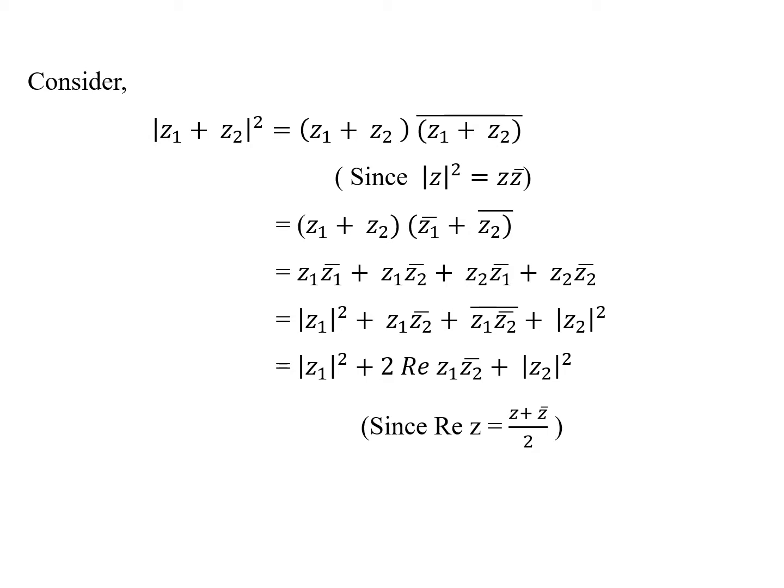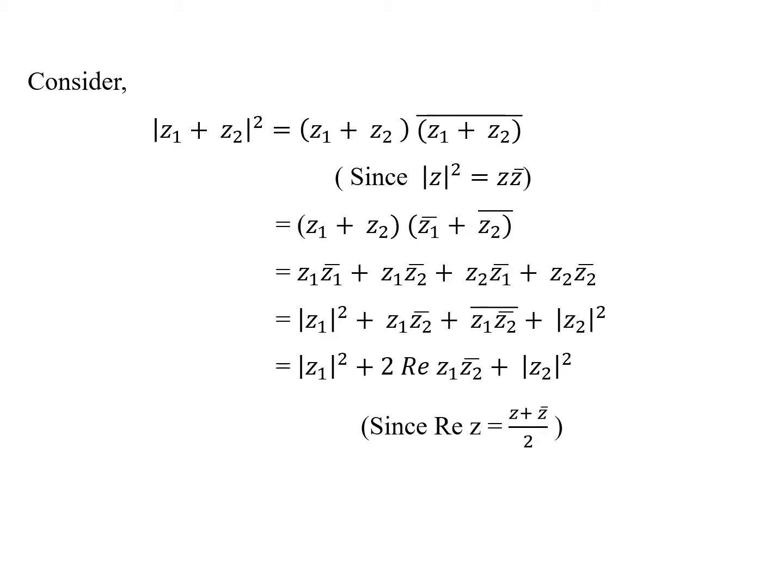We consider mod z1 plus z2 the whole square, because we know mod z square equal to z into z conjugate. So we write (z1 plus z2) into the conjugate of (z1 plus z2).